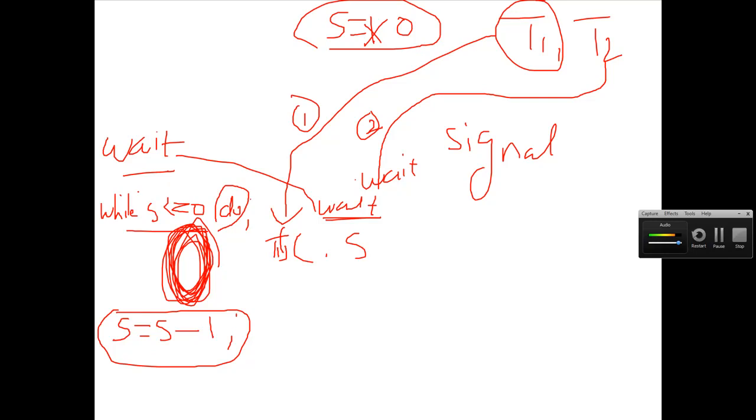The T2 thread would be entering the while loop continuously, until the value is greater than 0. So T2 cannot come out of the while loop and cannot go to the critical section.